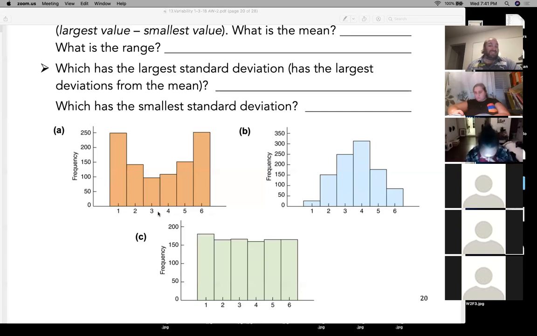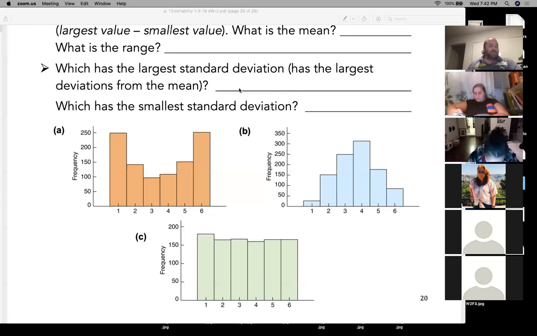Maybe 3.6 because the right sides are all just a little bit taller than the left sides, aren't they? If we put 3.5 on a quiz or a test, I wouldn't take off points for that. But 3.6 looks a little bit closer. Would you agree? Yes, a little bit closer. Of course, if I had actual data, I would compute it. But the mean looks to be about 3.6.